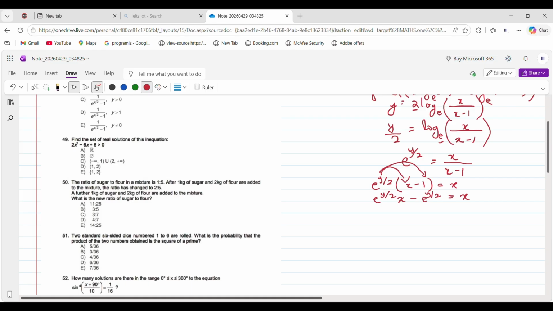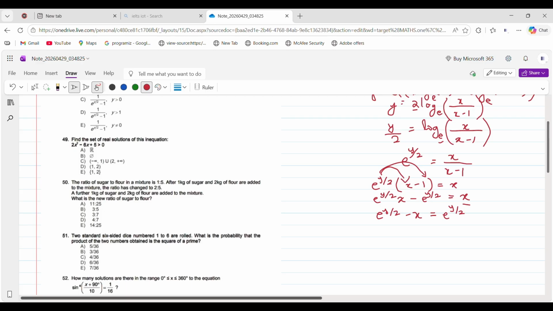Okay, so now this x is positive here, when it goes to the left-hand side it will be negative x, and this negative term, when it goes to the right-hand side, will be positive. Now we have to find the value of x, right?